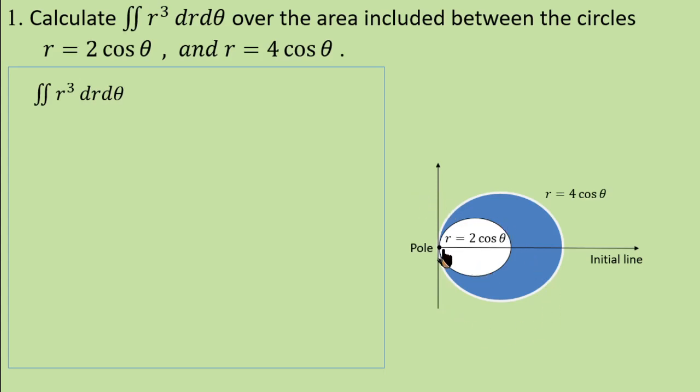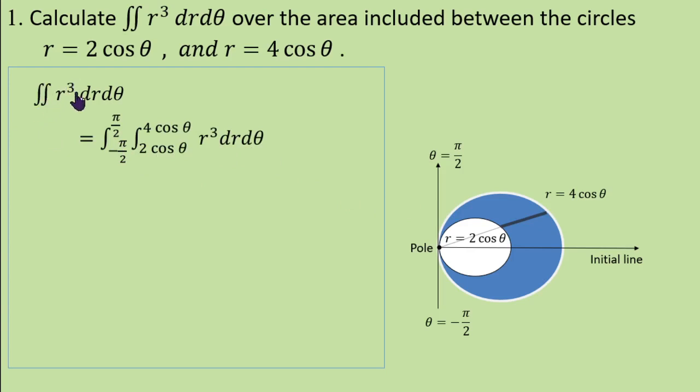For every theta, r varies from 2 cos theta to 4 cos theta. So that is the logic. That's all.